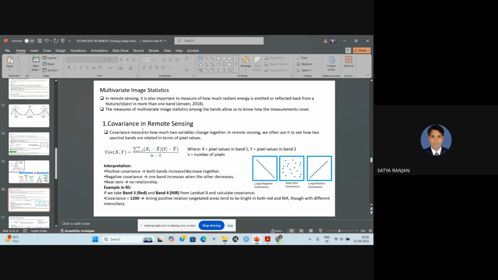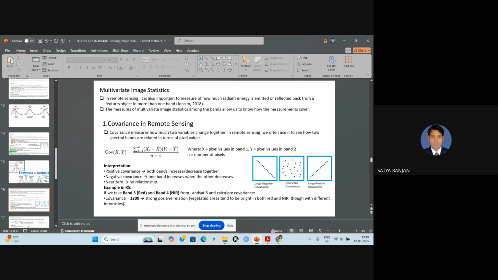So we'll go one by one. First is covariance in remote sensing. Covariance measures how much two variables change together. In remote sensing, we often use it to see how two spectral bands are related in terms of different pixel values.